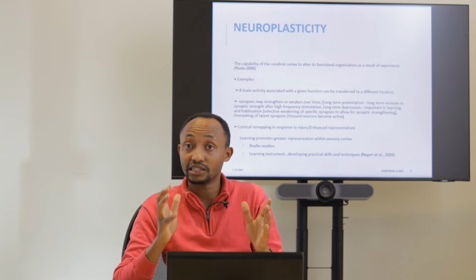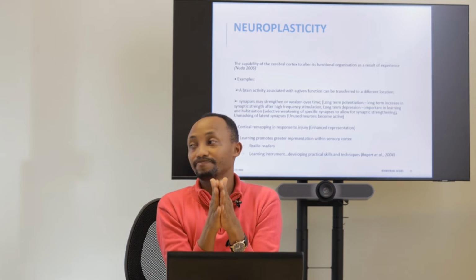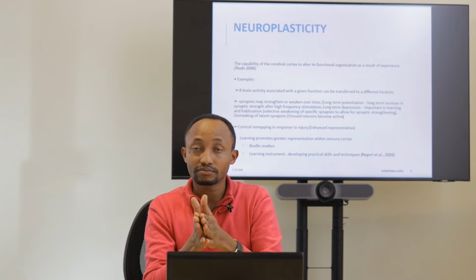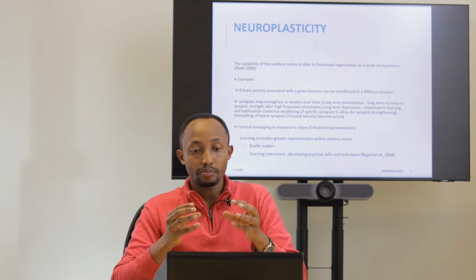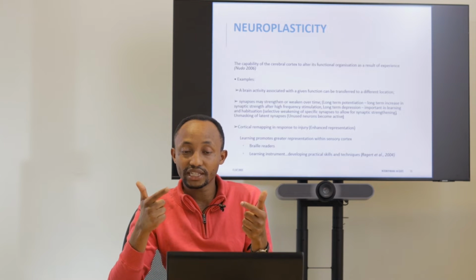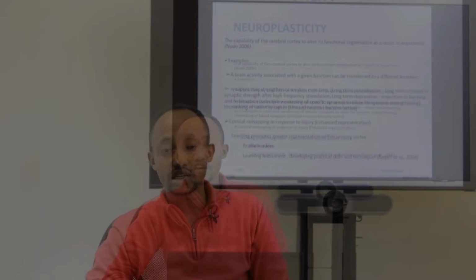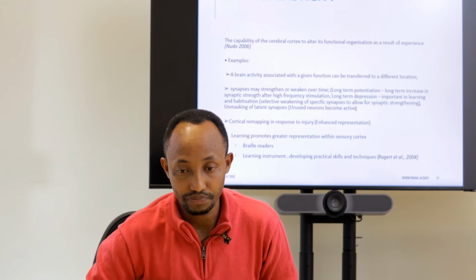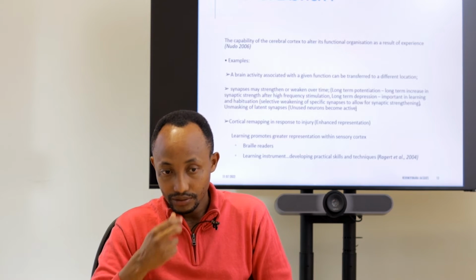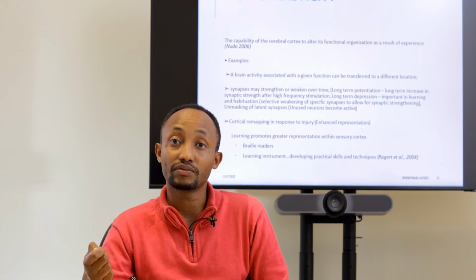A synapse is a junction of two neurons where they meet. Synapses can either be strengthened or weakened over time. For a synapse to be strengthened, we call it long-term potentiation. Here, it increases the strength of the synapse after high-frequency stimulation.